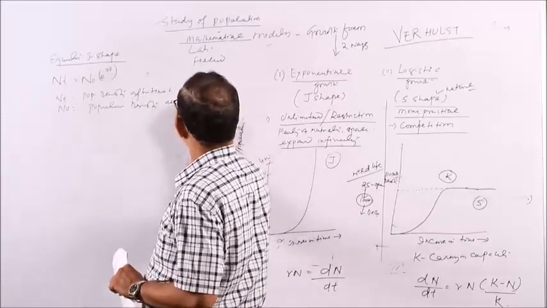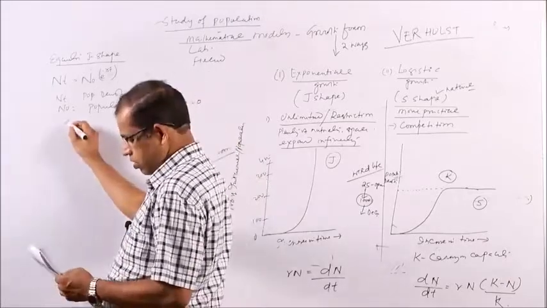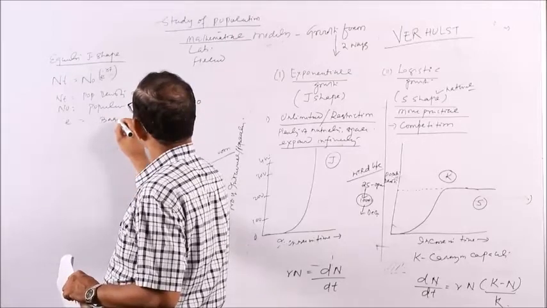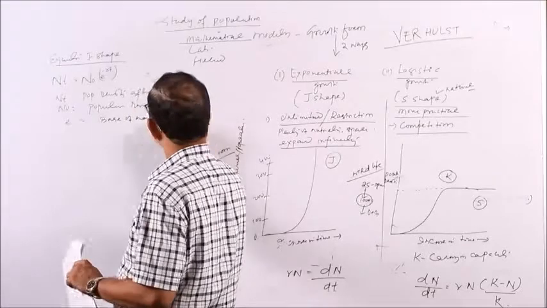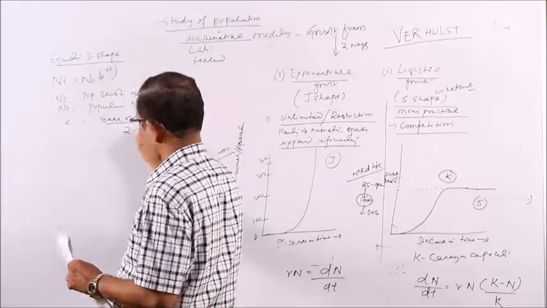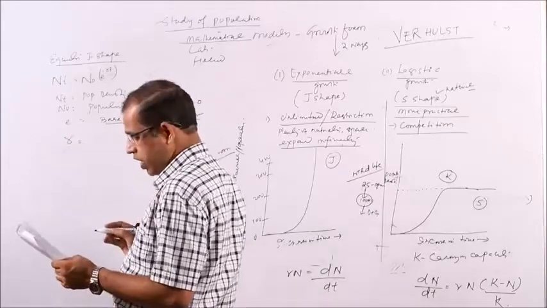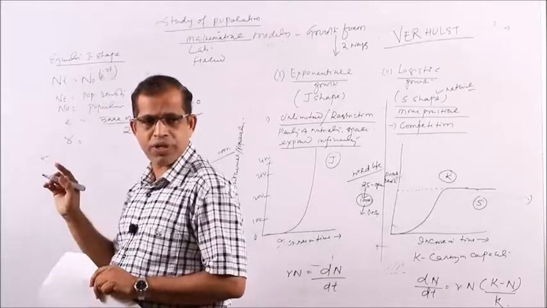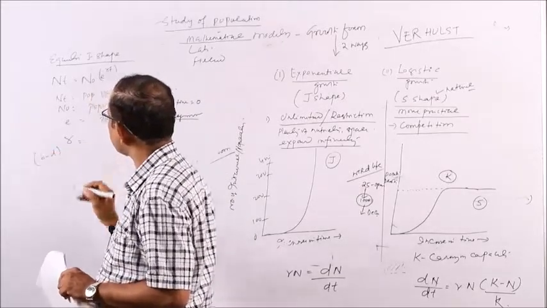at the initial time, that is 0. e is the base of the natural logarithm, which is a constant, 2.718. r, this is very important, is the per capita birth minus per capita death, that is b minus d.